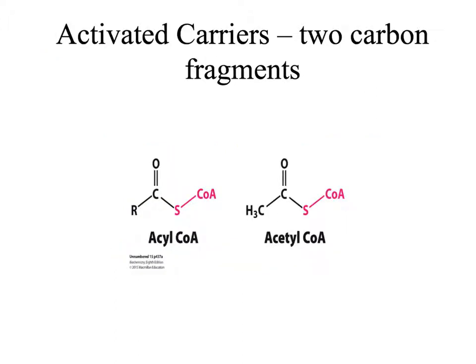And now moving to the next activated carrier, we have two carbon fragments that are activated carriers. Coenzyme A is a carrier of acyl groups. Okay, so this coenzyme A is a carrier of acyl groups. Coenzyme A is derived from a vitamin, and that vitamin is pantothenate.